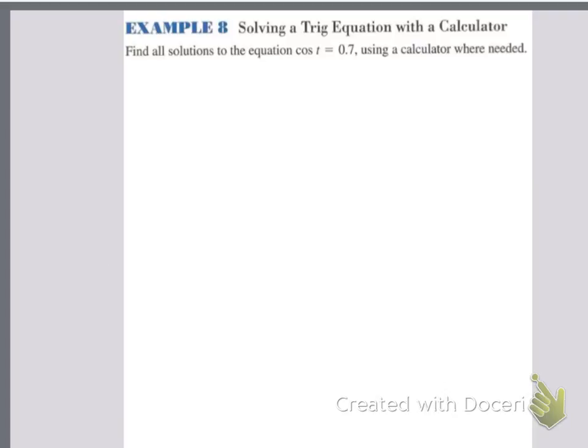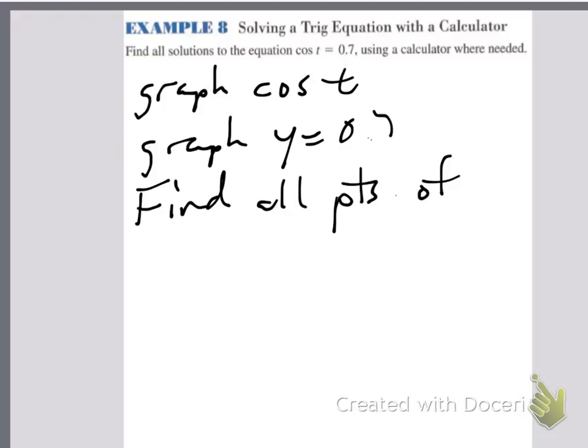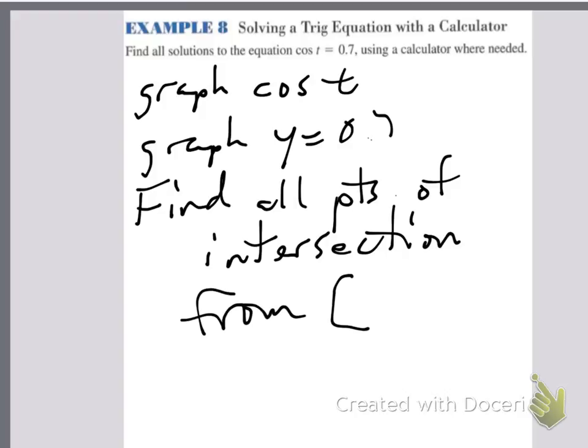This last one is very simple. You're going to graph cosine t, and then you're going to graph y equals 0.7. You're going to graph those both in your calculator, and then find all points of intersection from 0 to 2 pi.